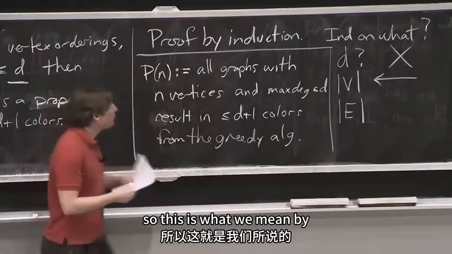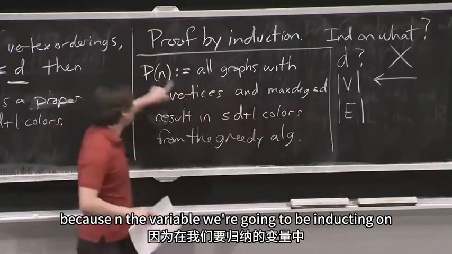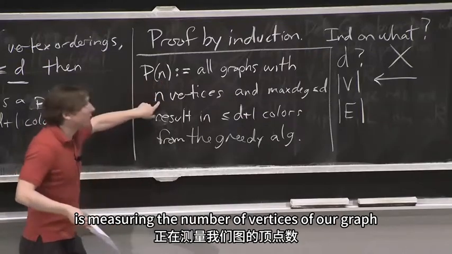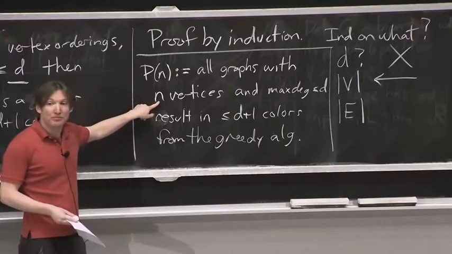So this is what we mean by inducting on the number of vertices, because n, the variable we're going to be inducting on, is measuring the number of vertices of our graph.